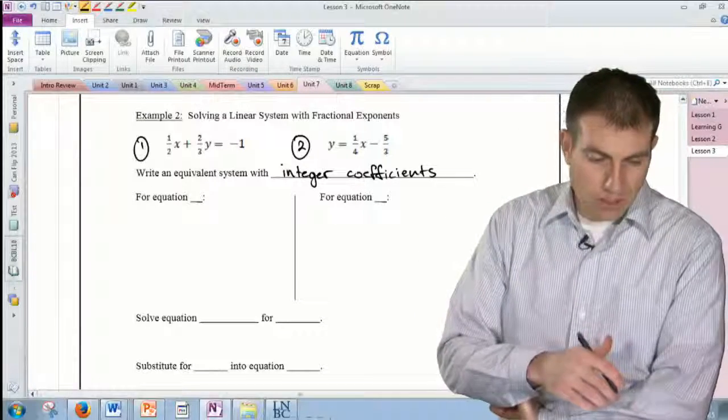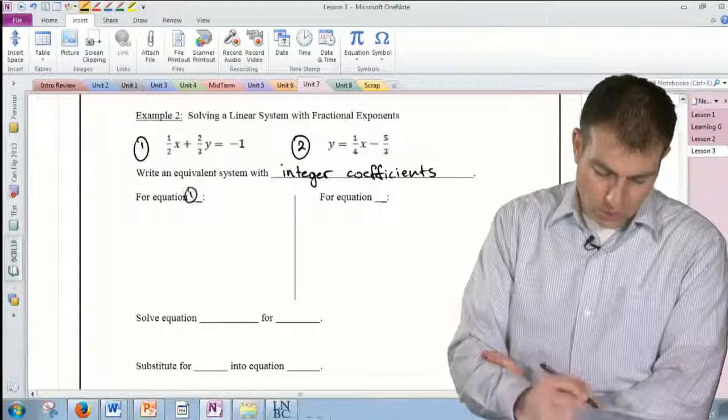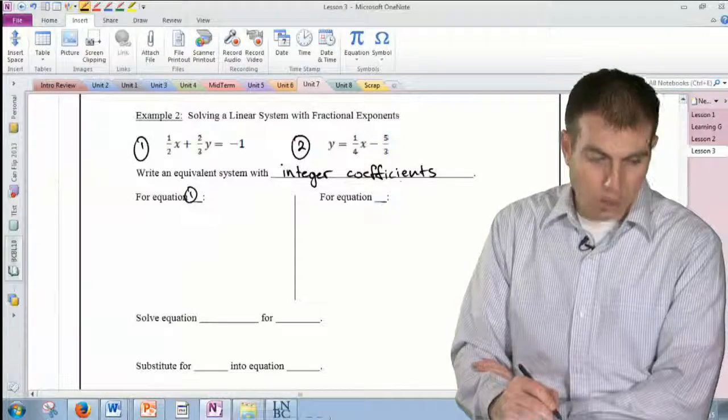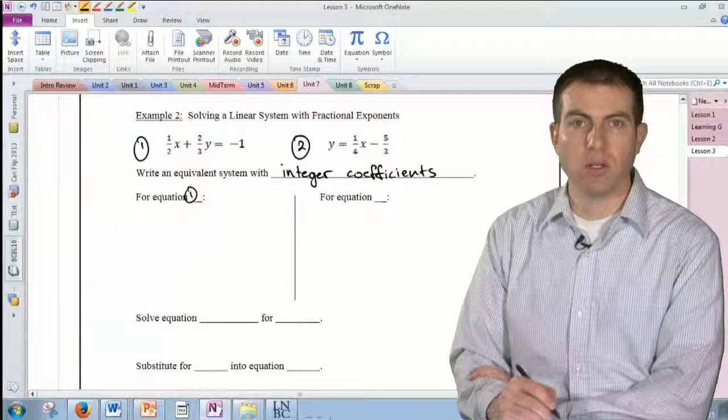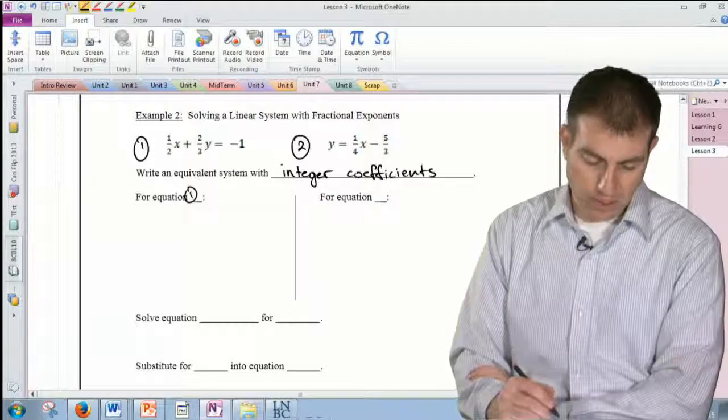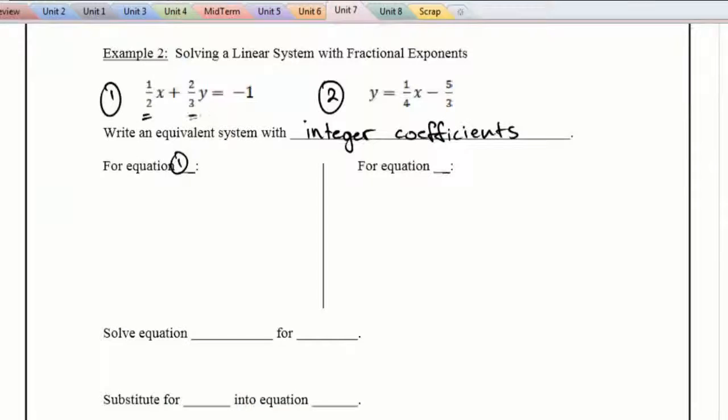So if we look at the first equation, how do we get rid of those fractions? What's the least common multiple of our denominators? So in this case, we're looking at a 2 and a 3. What can we multiply that by to get rid of all of those fractions?